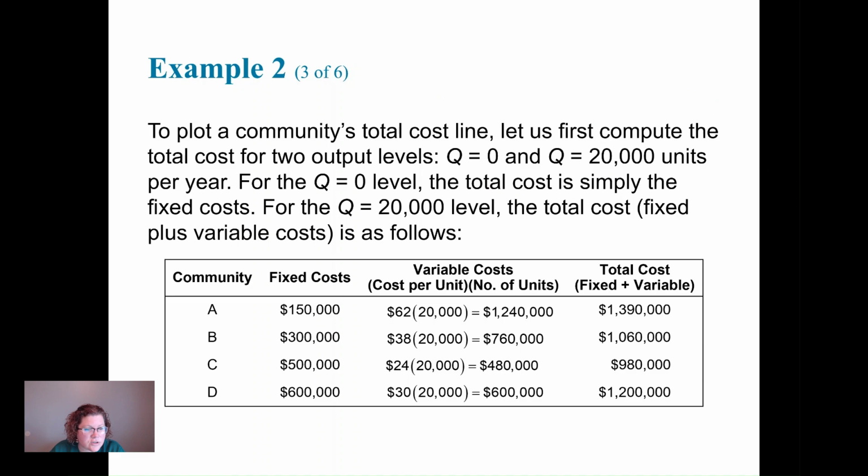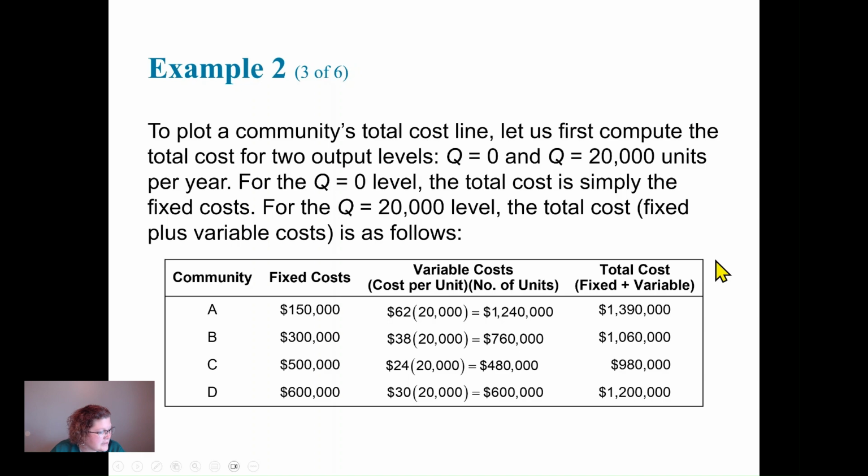Our variable costs are $62 per unit. So if we plug in 20,000 units, we'll get variable cost of 1.24 million. If we add the fixed cost to that, we'll get a total cost of 1.39 million for total cost. We could do that for each of our particular communities.